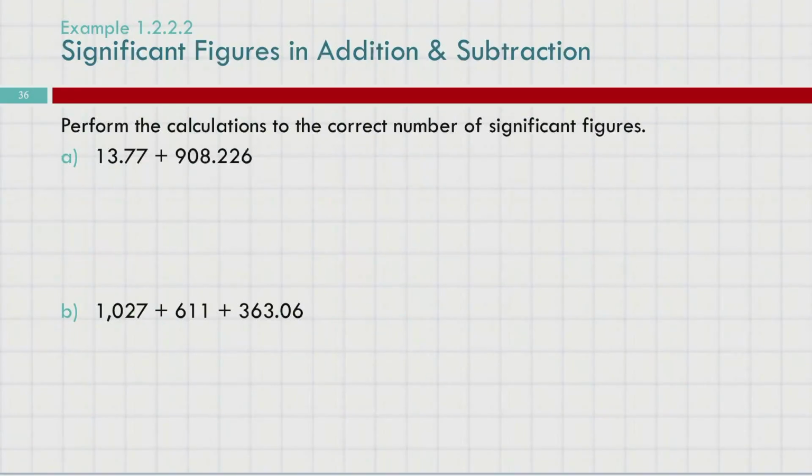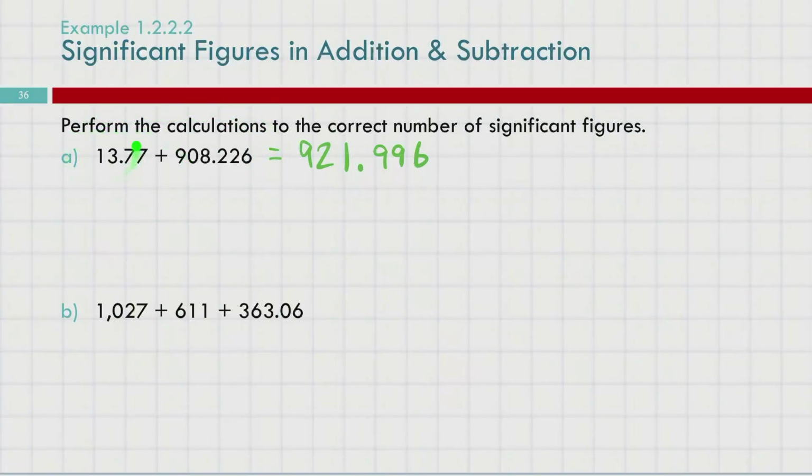All right, we've got a couple of calculations. I'll put them in my calculator so that you don't have to. Calculator says 921.996. We need to know how to round this. We have to look at the numbers that went into it.